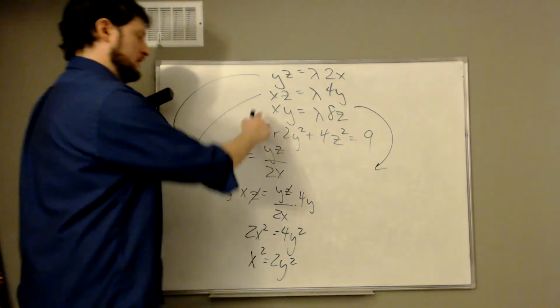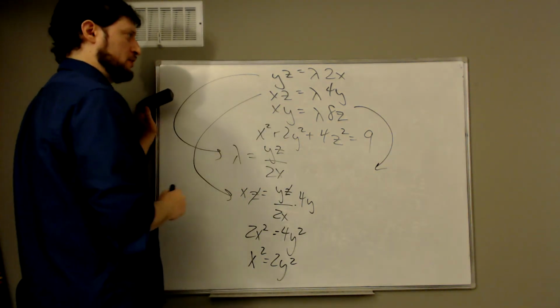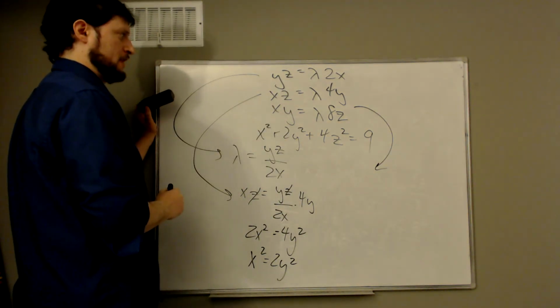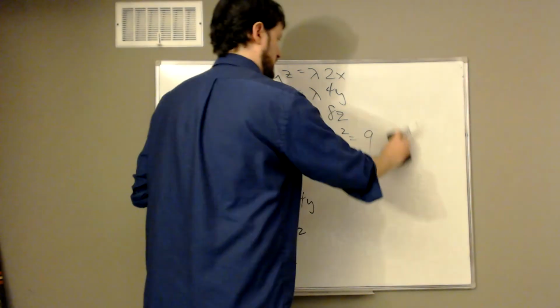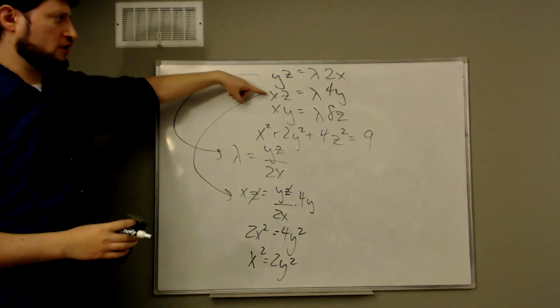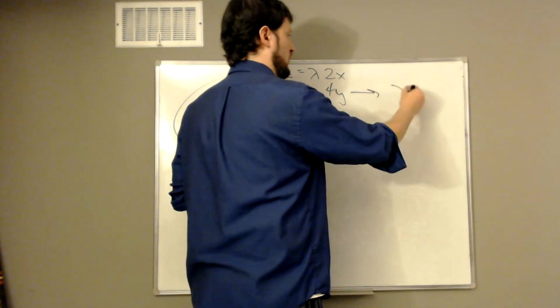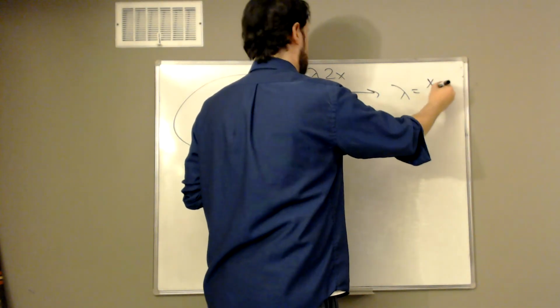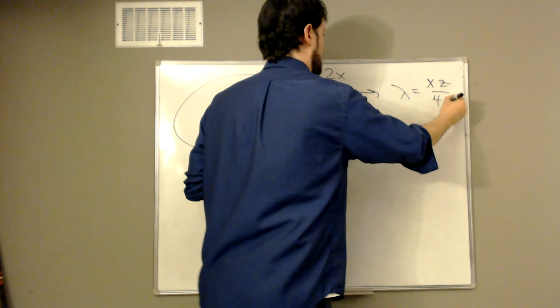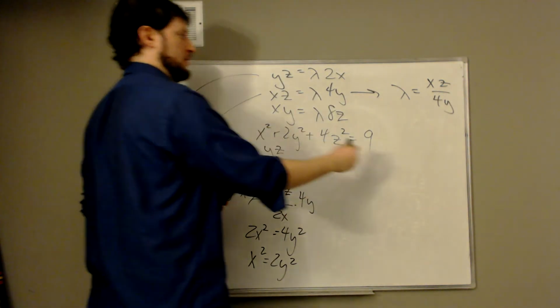Actually, let's do something very similar. Let's start with this one. Let's solve for lambda, and then I get xz over 4y, and then I'm going to plug it in for lambda here.